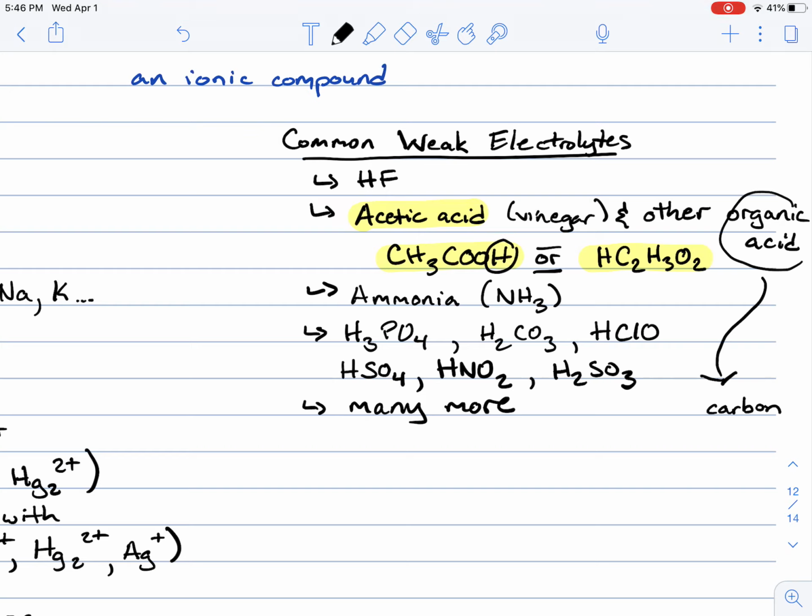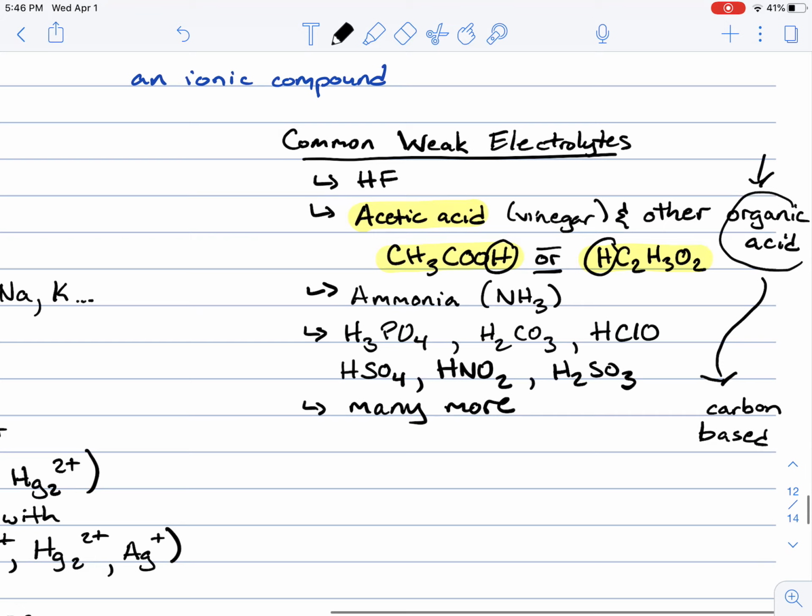So for example, this hydrogen that I'm circling and this hydrogen that I'm circling can separate from the anion of that chemical formula. And so there's a whole class of organic acids. There's no way for me, once again, to list all of them down. And so let's go ahead and move on to the next item.